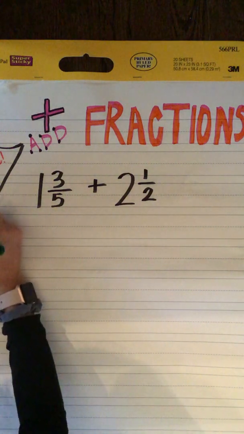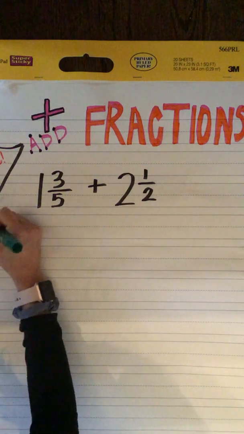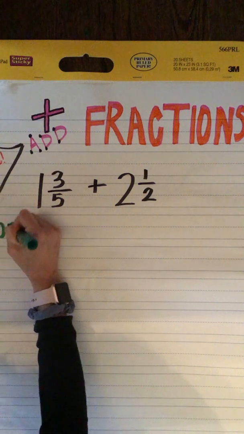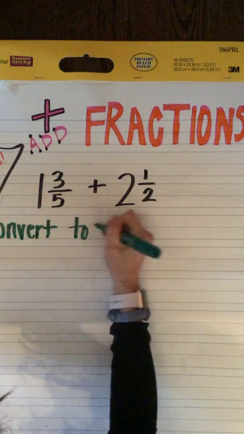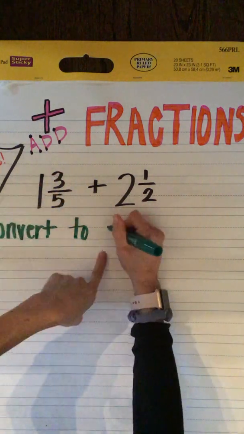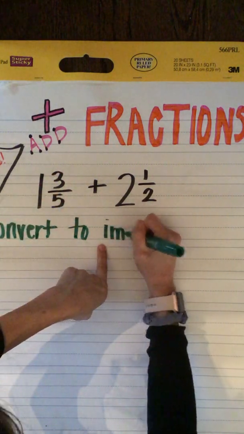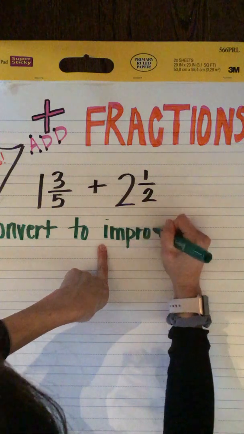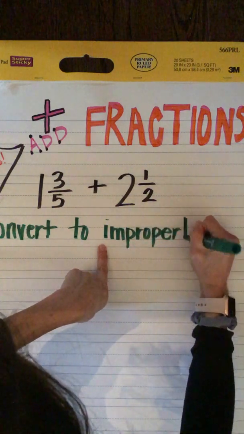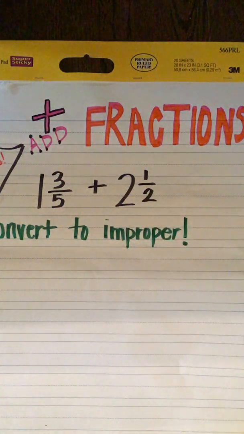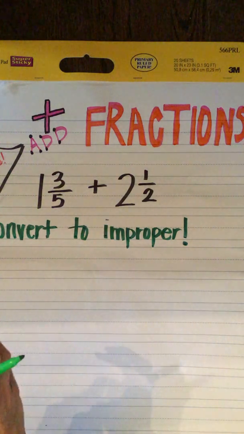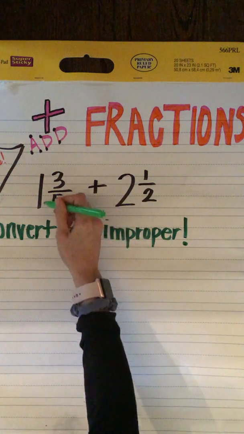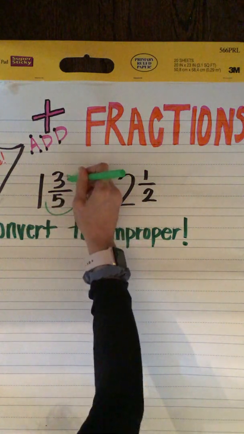Our first step is actually going to be to convert these mixed numbers. We want to make them improper fractions. Just a reminder of how to do that, because that was a lesson we had before that you can always watch. But to convert, we went swirly.